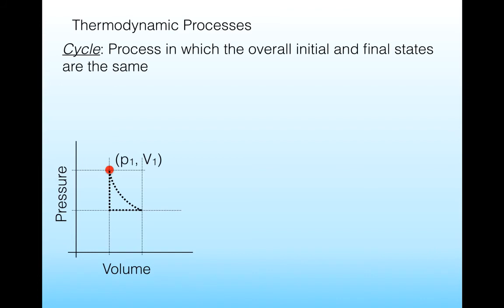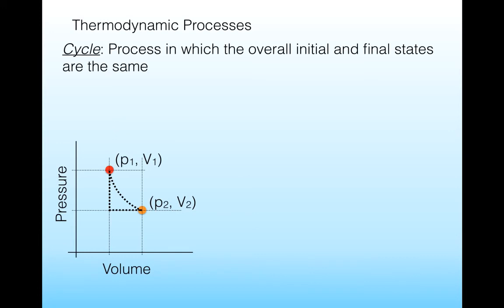Finally, the last type of process we're going to talk about is a cycle. This is a process that can be composed of the other different types of thermodynamic processes, but in which the overall initial and final states are the same. So for instance, if we start at P1, V1 here on our PV diagram, which is represented by this red dot, we can move by an isothermal process down to this orange dot, which is at P2, V2.